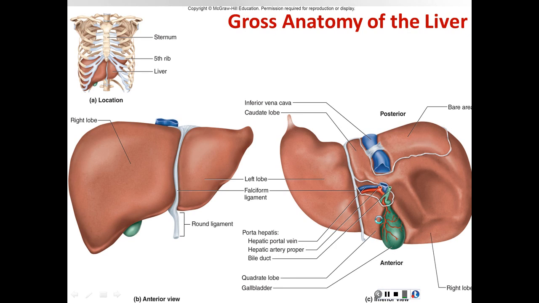Right, and also in the porta hepatis we see the hepatic portal vein, the proper hepatic artery, as well as the bile duct, and of course our bile. And this area is our quadrate lobe. We have our right lobe right here, and here's our bigger area, and our caudate lobe.